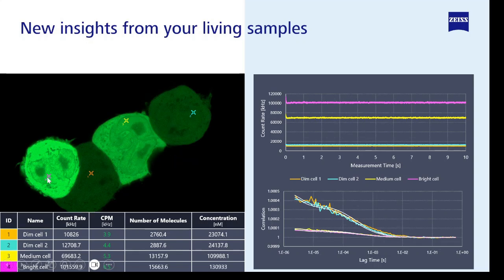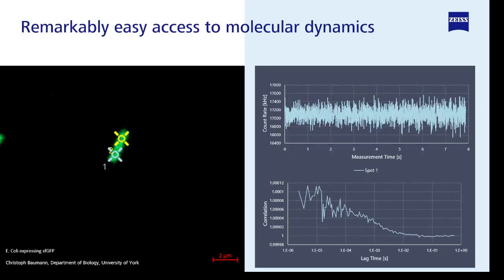But now, if we put 4 measurement spots on 4 different cells, we can get the correlation curve of all the samples, and from the Dynamics Profiler we can get the concentration, and we can measure the number of molecules on both the dim cell and the bright cell.